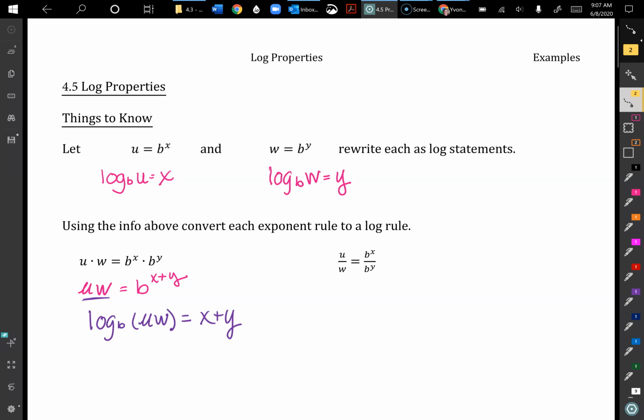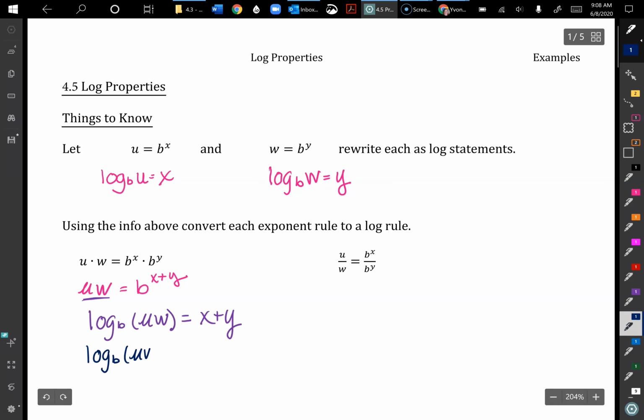Okay, so now what we can do is look back up here and see what x is equal to. Well, x is equal to log base b of U, and y is equal to log base b of W. So now we can replace that. So we're going to write it as this same thing on the right hand side, log base b of UW equals x, so x is equal to log base b of U, plus y is equal to log base b of W. So this is kind of like how proofs are done.